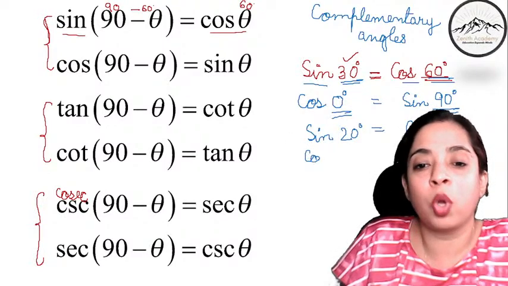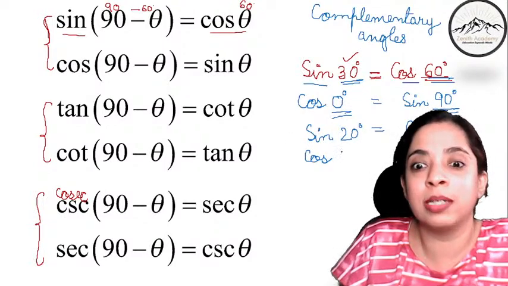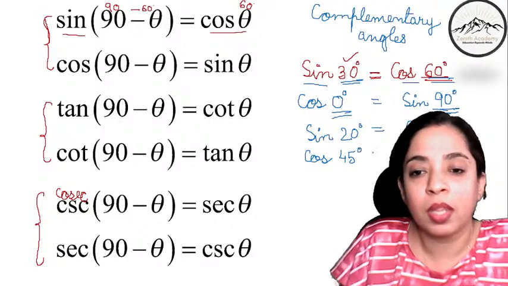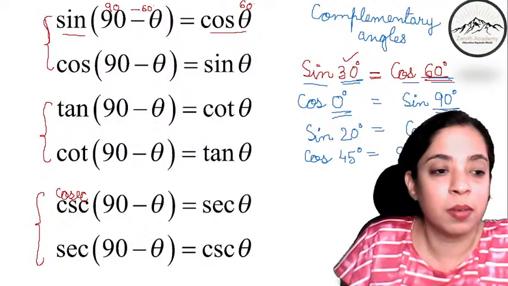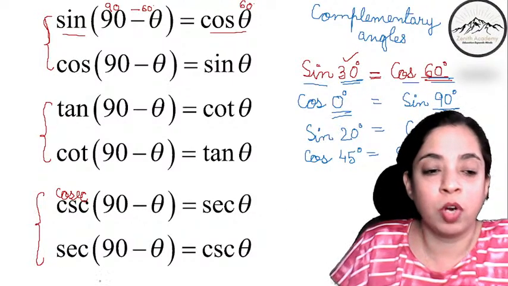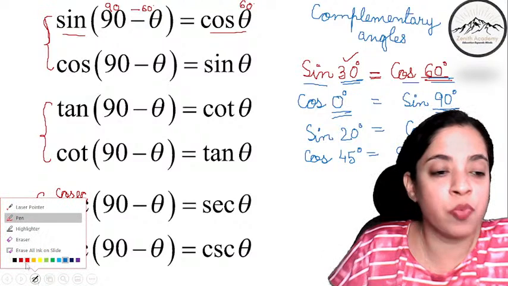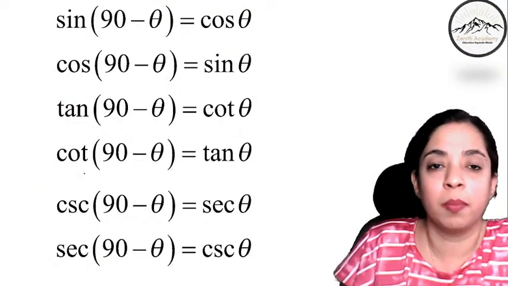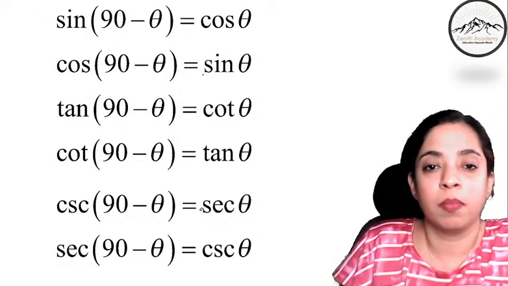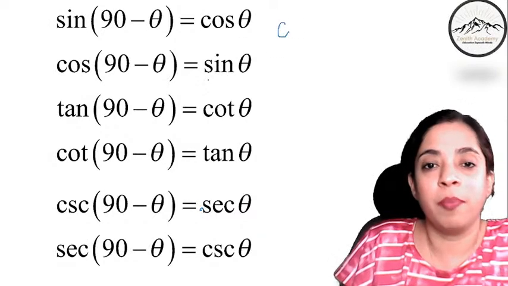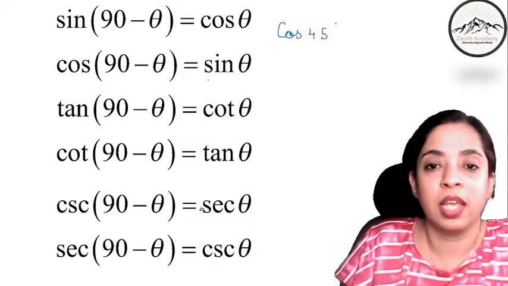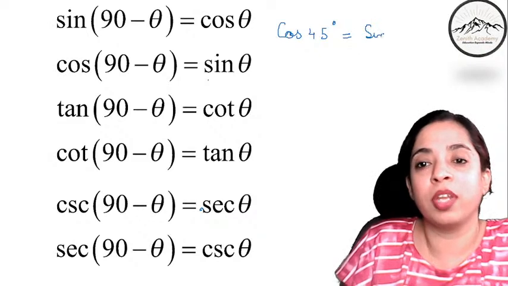So if I put cos, suppose 45 degree, what will be sine? If I put cos 45 degree, sine will also be 45 degree.